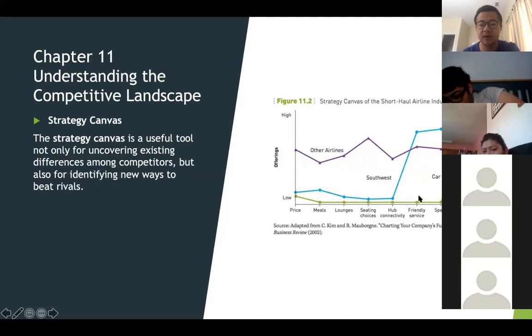So you can see the difference, and you can use your strengths to beat the weaknesses of the competitors this way.